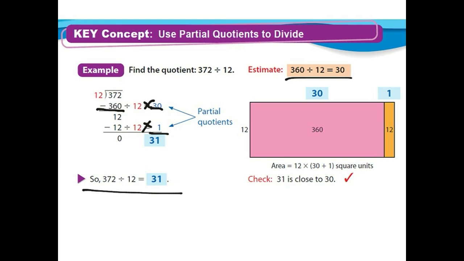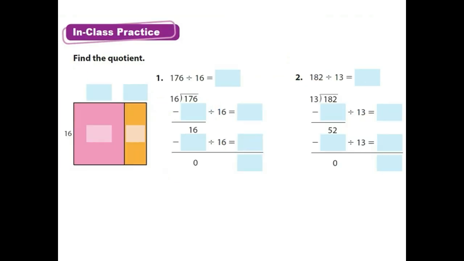Alright, let's do some in-class practice. So 176 divided by 16, well, something divided by 16, right? What are we going to do there? Let's do it by 10. So 16 times 10, we're going to say equals 160. They're subtracting, get 16. Well, 16 times 1 equals 16.